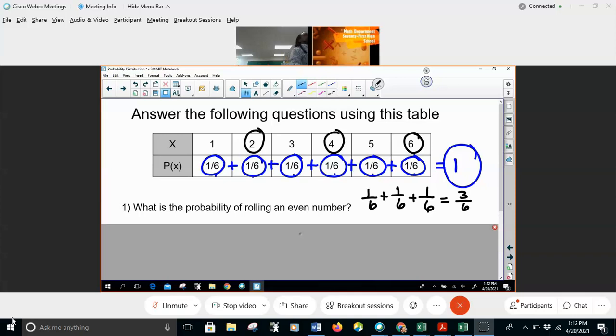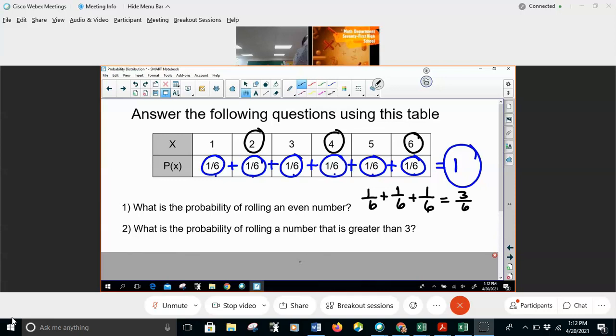Not bad. That's easy. Later on, we'll talk more in depth if we need to. We can actually talk about the ands and ors and all that great stuff. All right, the next question: what is the probability of rolling a number that is greater than 3? If it's greater than 3, it does not equal 3, right? It's just numbers that are bigger than 3, which is 4, 5, and 6.